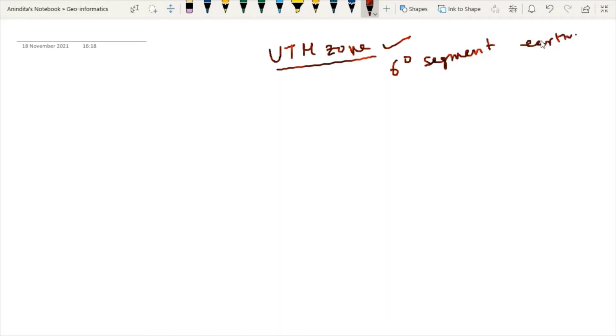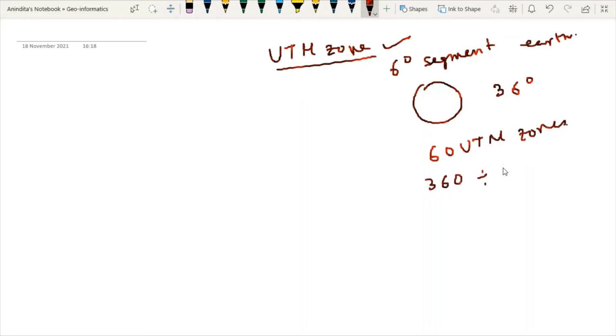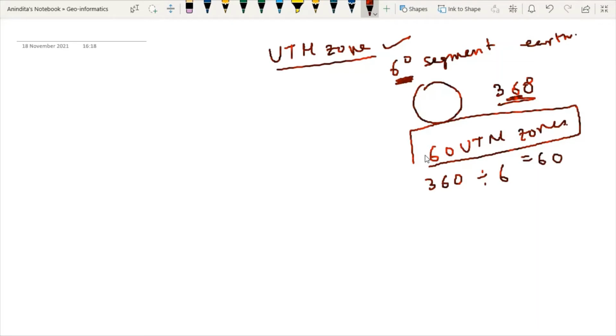And because of this 360-degree circle, we get 60 UTM zones. Why so? Because 360 divided by 6-degree segments is equal to 60. So therefore we are getting 60 UTM zones. This is the basic concept that you have to always keep in mind.